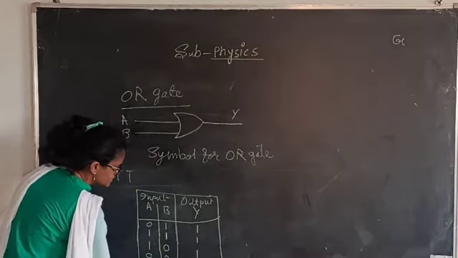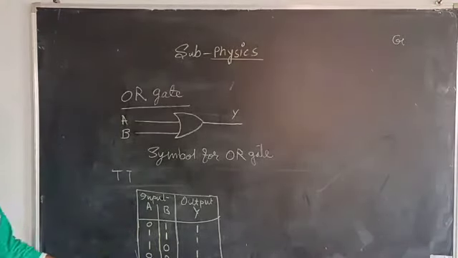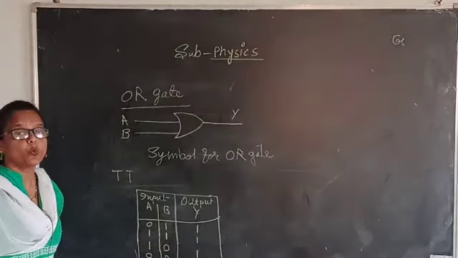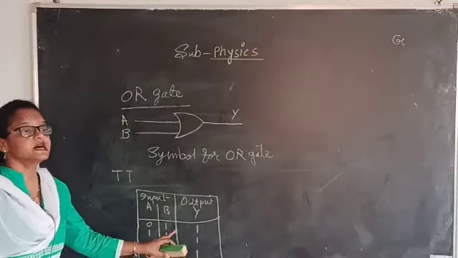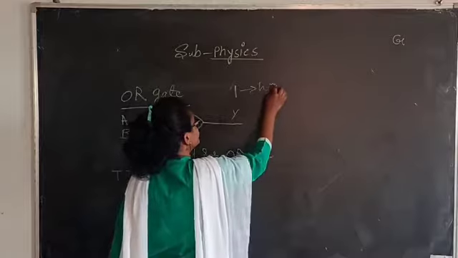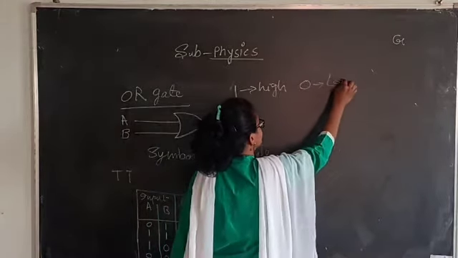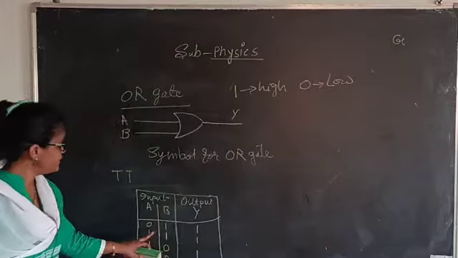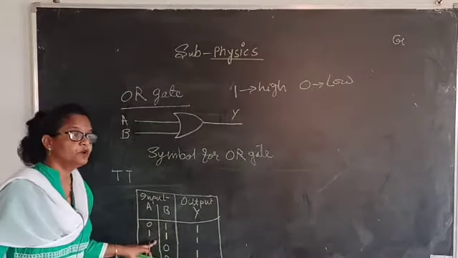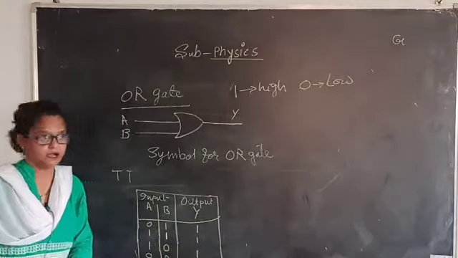So from this truth table, it is quite clear that the output Y remains high. 1 stands for high and 0 stands for low. It means if any one of the inputs is high, the output will be high.